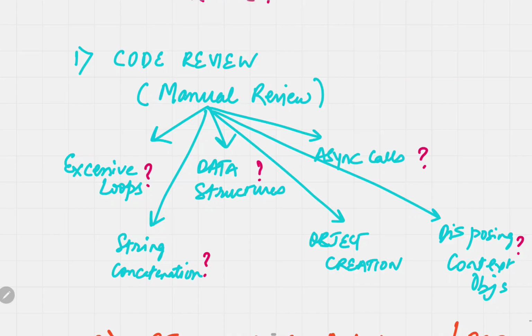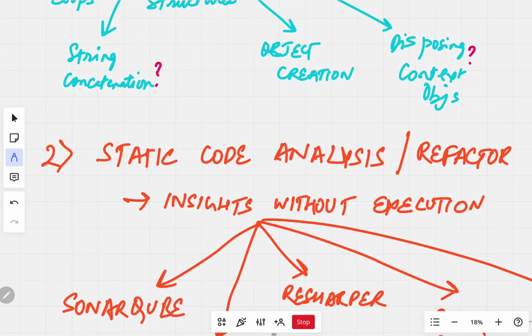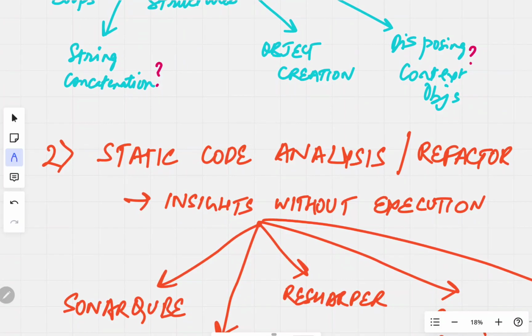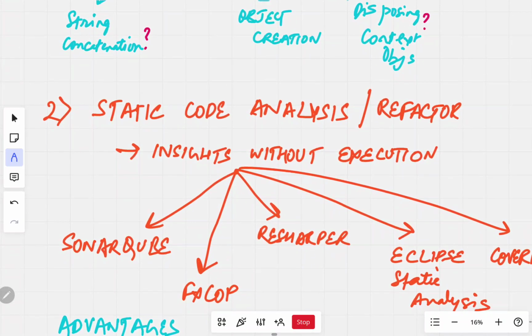So the next step would be to utilize something called static code analysis, or the analyzers or the refactoring tools. Many people would have heard of tools like ReSharper and SonarQube. ReSharper is more specific to .NET.